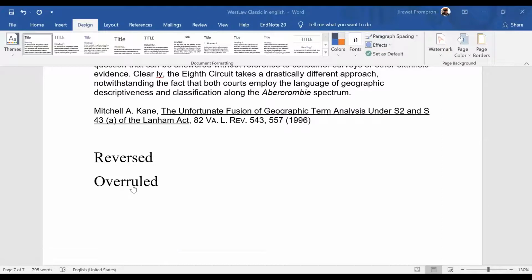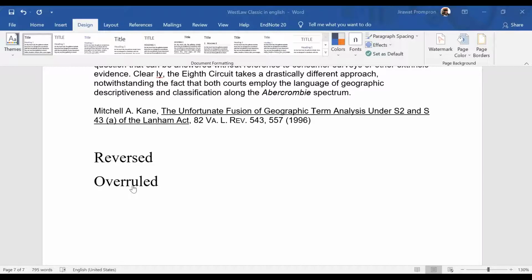Just click on this, and see this one. Negative treatment. Negative treatment means, if they say direct history, it means the same case, because another court, a higher court, will change the decision. They change the decision and it becomes a yellow flag.